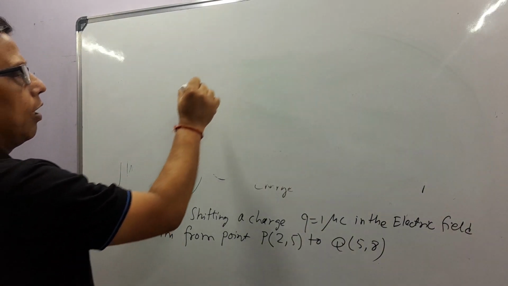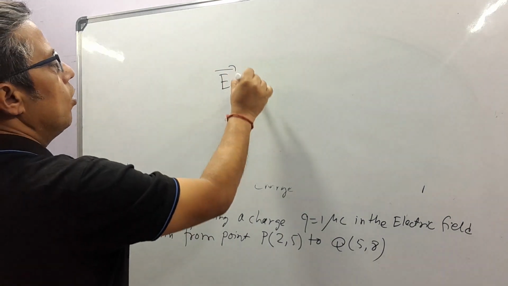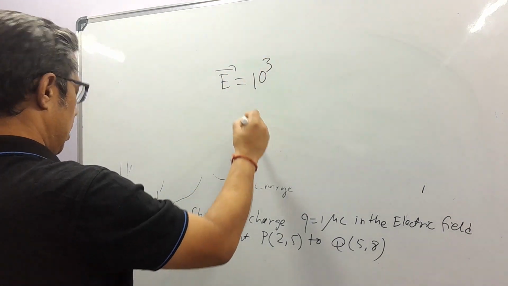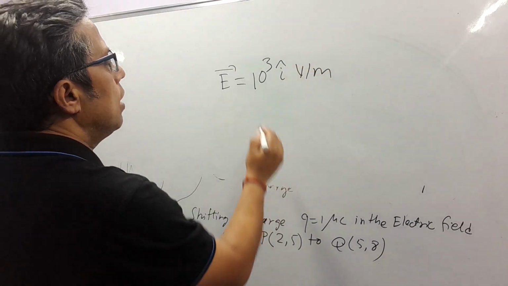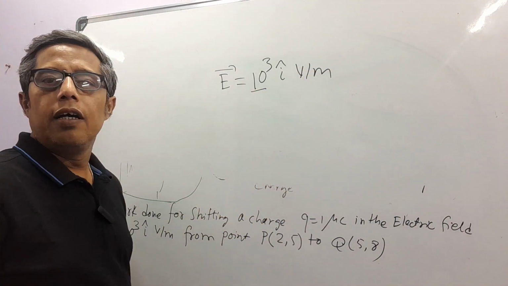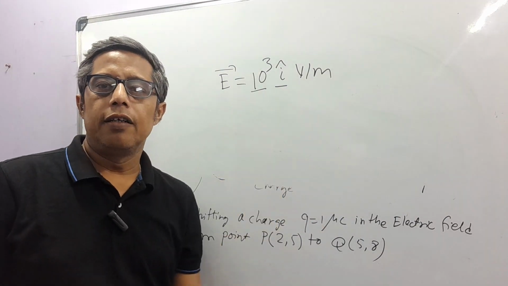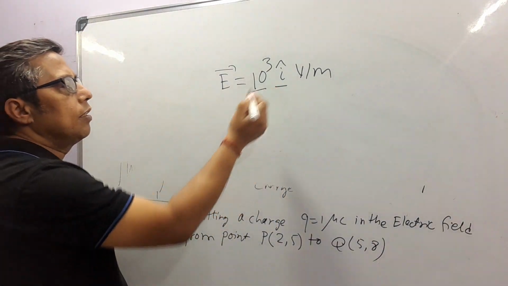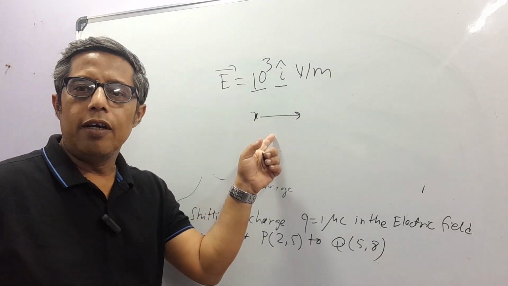Electric field is 10 to the power 3 i cap V by m. So this is the magnitude of the field, and this is the direction of the field, right? So i cap means it is in the x direction only.